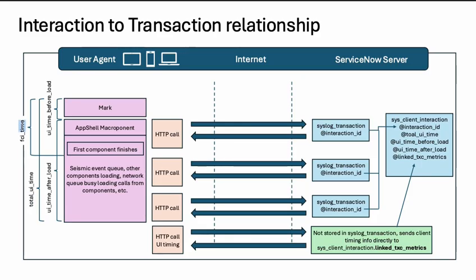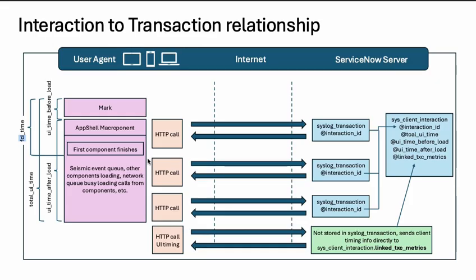We also have something called first component interactable time, or FCI time, and that begins at the mark as well, but it finishes after that very first component says, you can interact with me. You can scroll, you can click. And sometimes that is actually a more accurate measure of what the user is experiencing as far as interaction time.